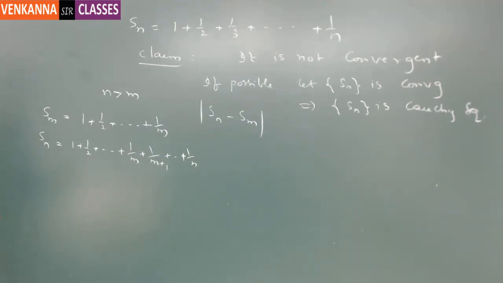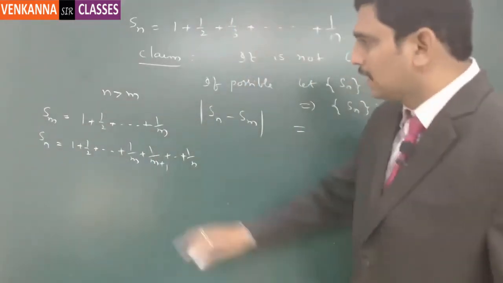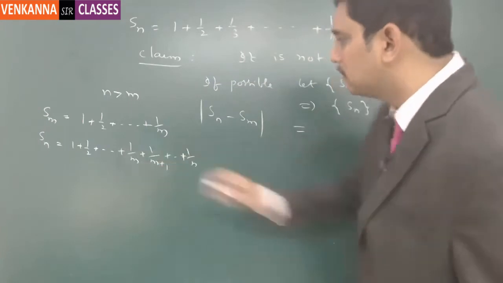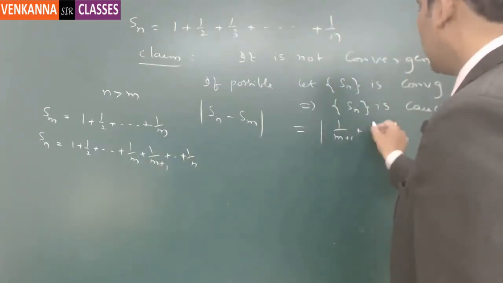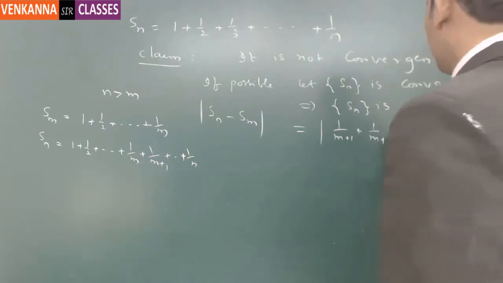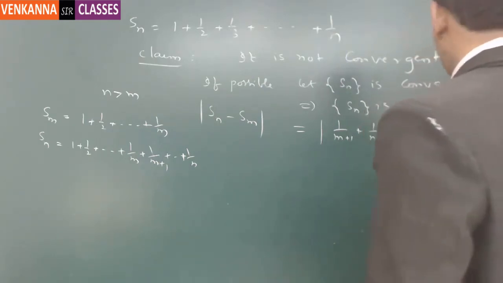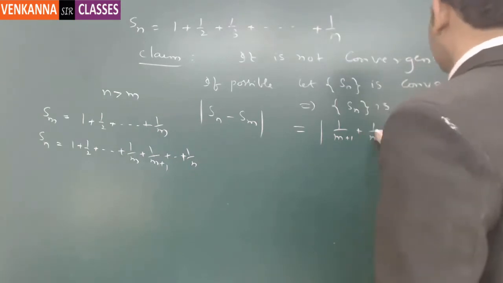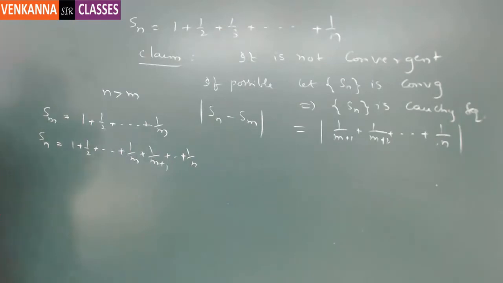Now I am calculating the difference between these two, Sn minus Sm. I am subtracting this value minus this value. The result is nothing but 1 by m plus 1 plus 1 by m plus 2 plus so on plus 1 by n.